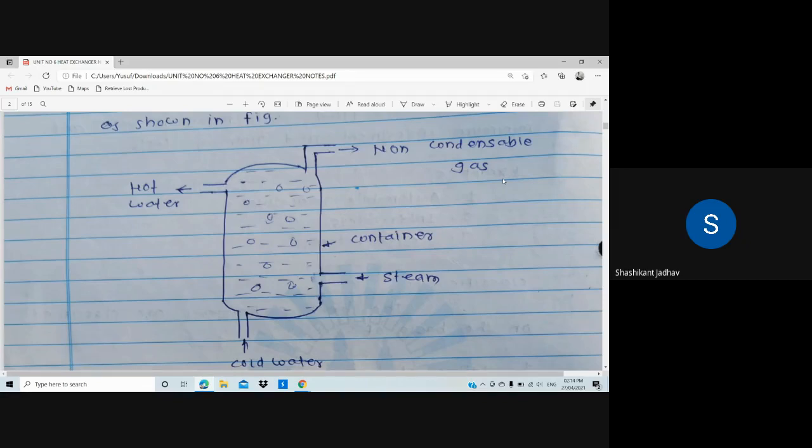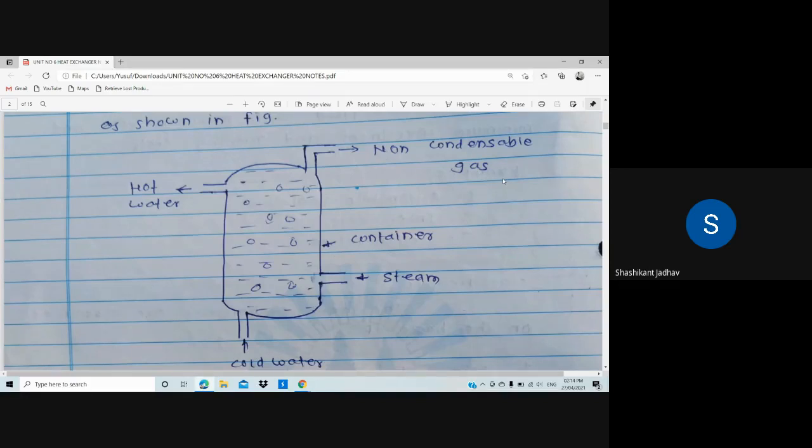Okay, so in that cold water we are supplying the steam. So what will happen here, because of the cold water and steam? Cold water is having less temperature and steam is having higher temperature. Okay, so that steam is supplying its energy to the cold water, and because of that what will happen, the temperature of that cold water increases.